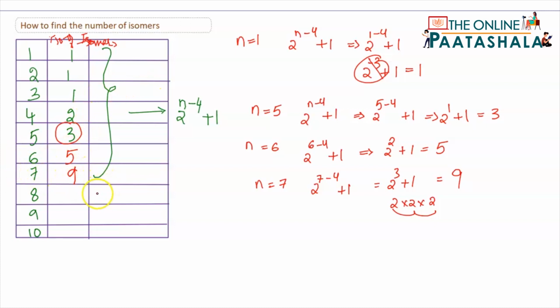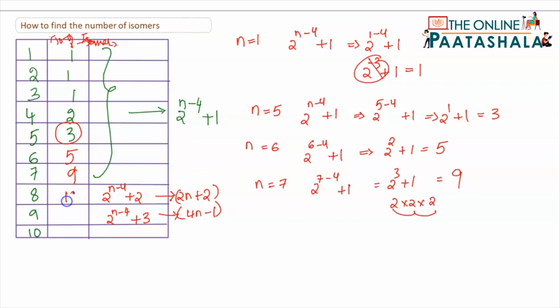Again, for the larger ones, the formulas will be 2 power n minus 4 plus 2 and 2 power n minus 4 plus 3. If you can't remember that, you can write it as 2n plus 2, or you can write it as 4n minus 1. Either of these two formulas is fine.